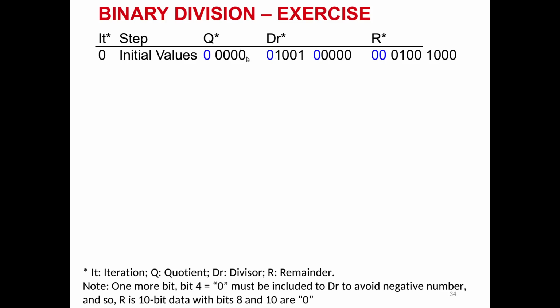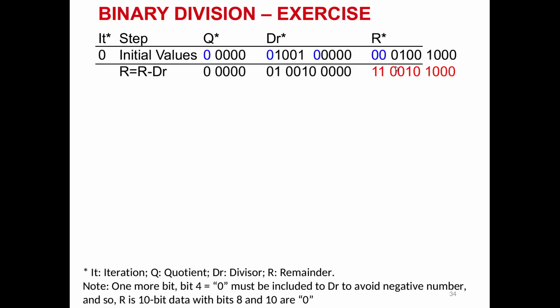Q will be 5 bits also, and for R, 2 more 0s must be added to the left, making R 10 bits. And we do the same with our exercise.